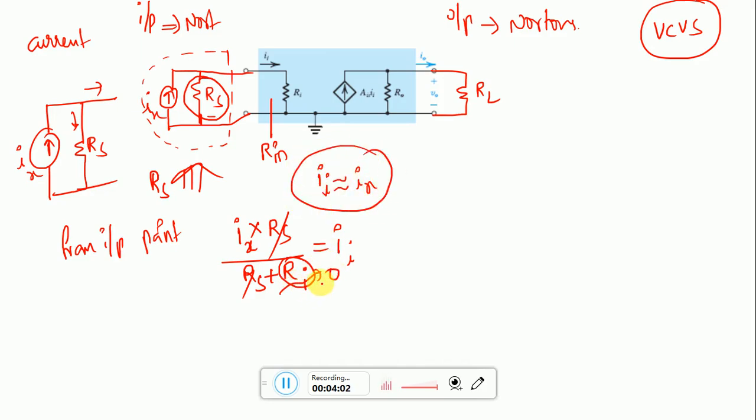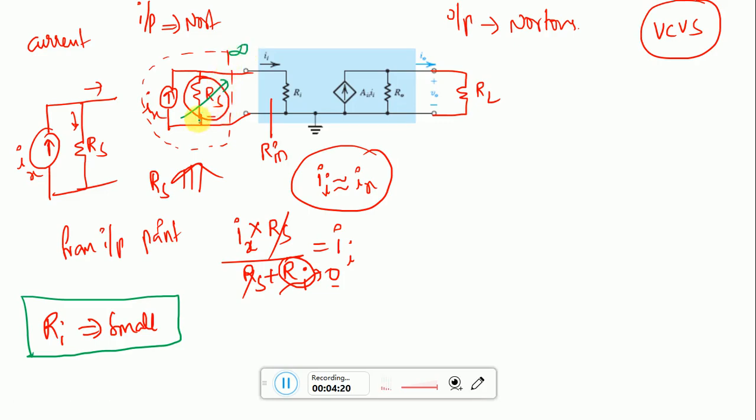But ideally this is not possible to become 0, but the condition is the input resistance should be small, very small. So this is one conclusion that we can draw from input side. Or Rs should be sufficiently high. This should be equal to infinite, but this is not in our hands. So the only thing that we can discuss now is about Ri.